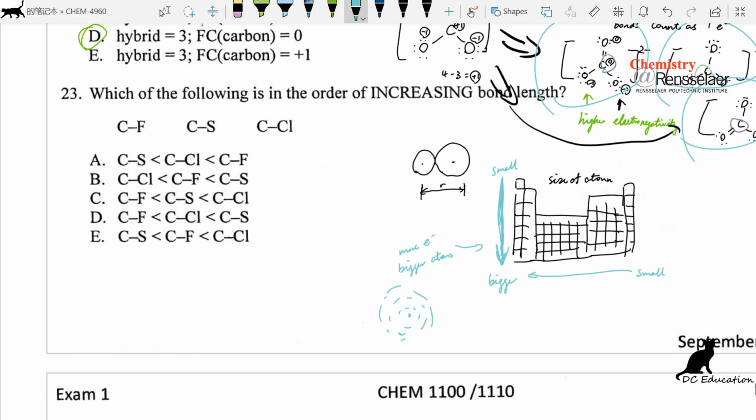So they're generally bigger. And the reason why it's smaller on the right side and bigger on the left side is because the atoms on the right side have more protons in the nuclei, which results in a stronger effective nuclear charge, which pulls the electrons closer and makes the atom smaller.